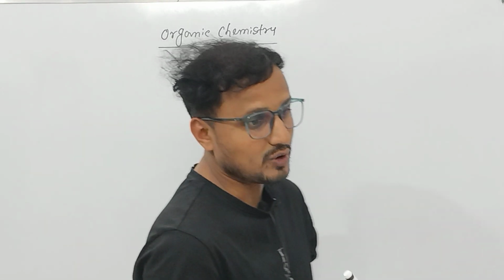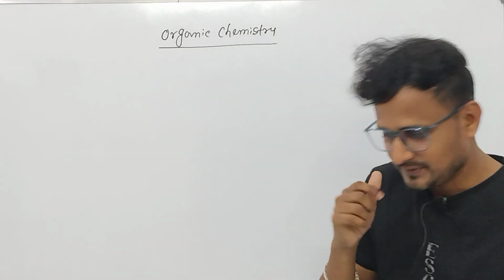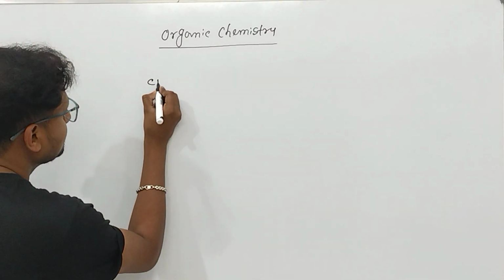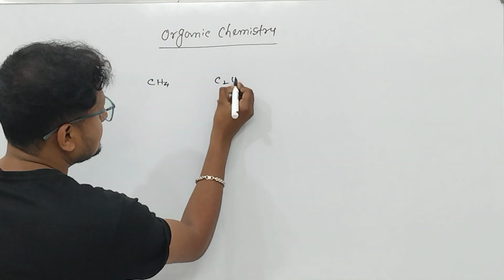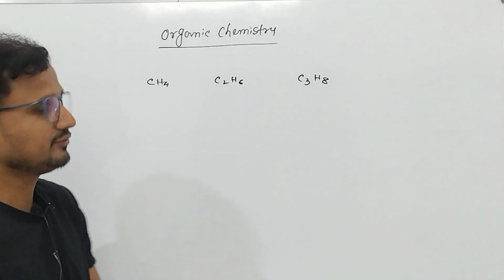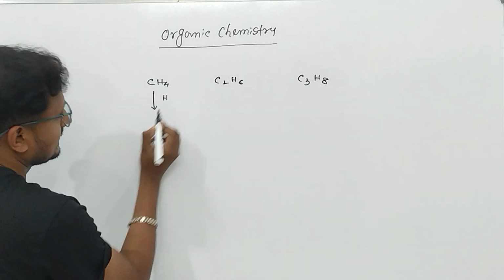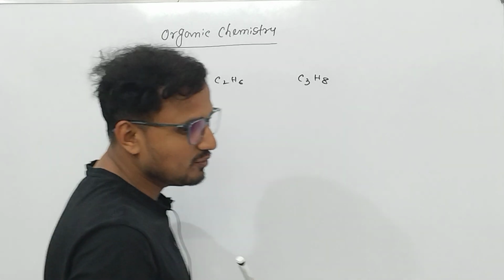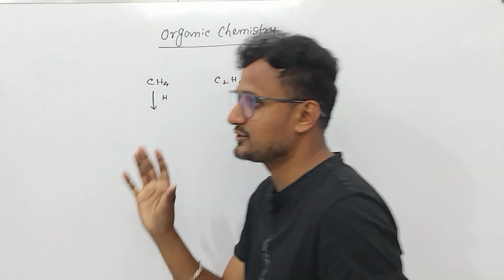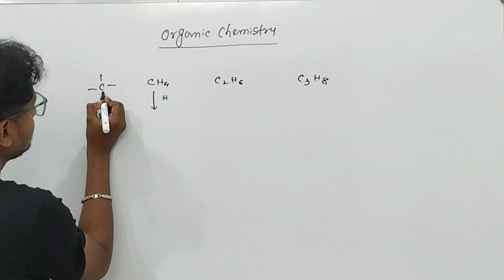To understand the full IUPAC nomenclature, we have to learn some terms here. We have learned about alkanes, right? Alkanes are all of these: methane, ethane. Now if an alkane removes one hydrogen atom from one of its bonds... This carbon has 4 bonds, because this is the structure of methane.